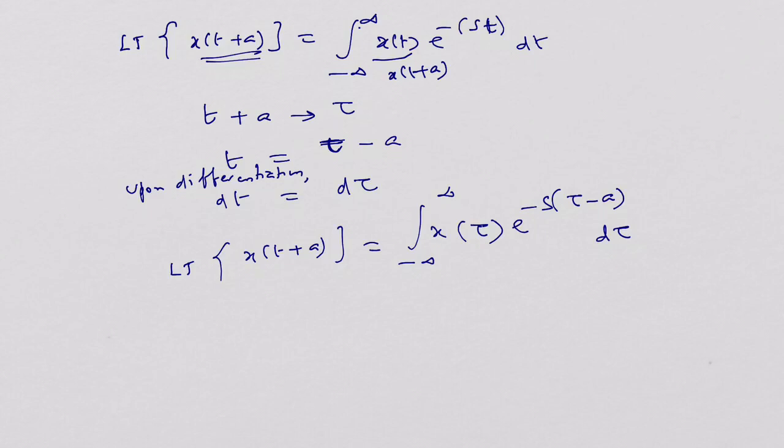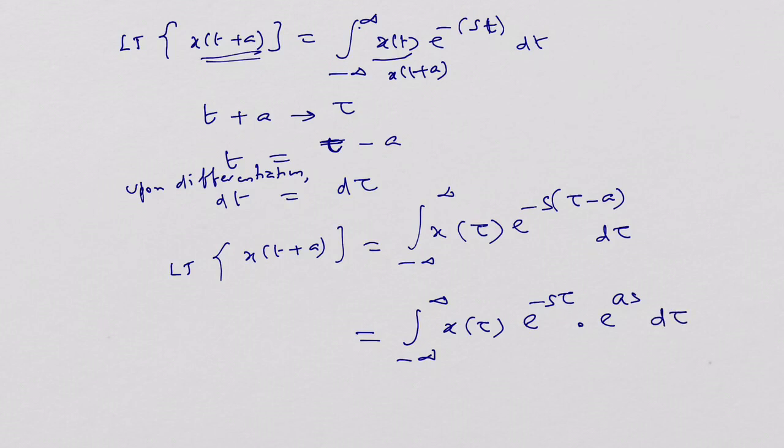Now let me write the integral from minus infinity to plus infinity of x of tau into e power minus s tau into e power as, multiplied by d tau. As far as the integration is concerned, all the terms having tau will be retained in it, so that only the parameter e power as can be taken outside.